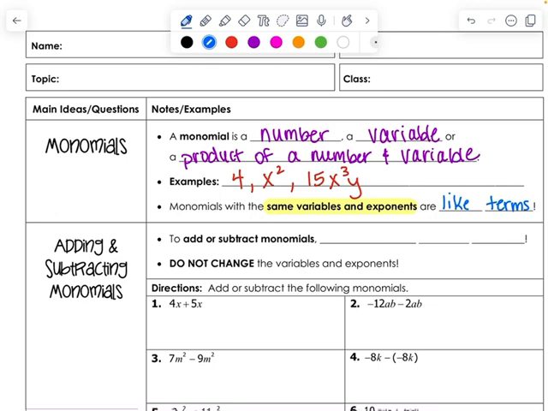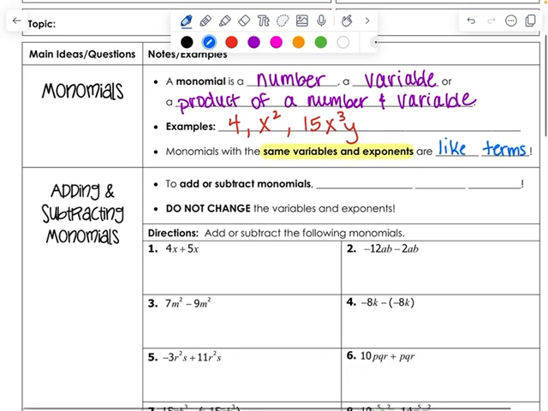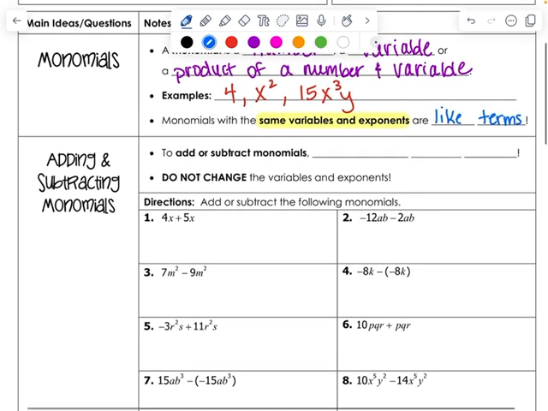If you remember back when we did all of that work with combining like terms, that is what we are going to do again here. So when we add or subtract monomials, we are looking to combine like terms.